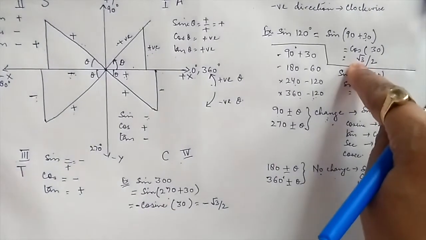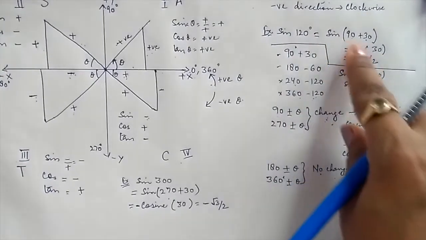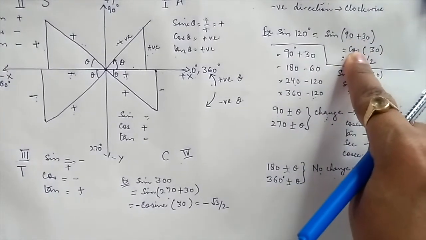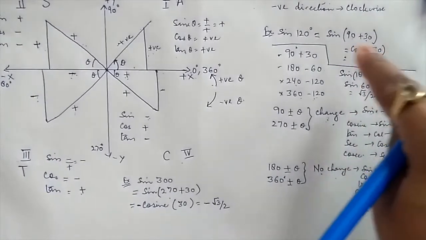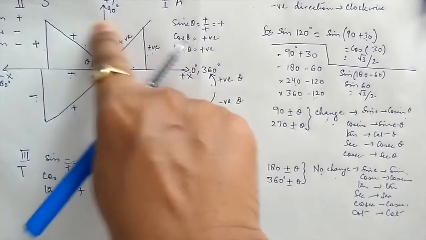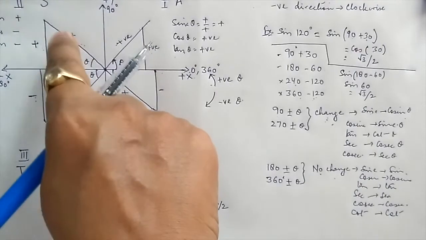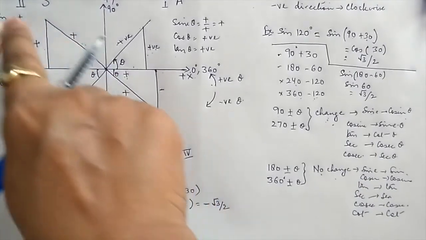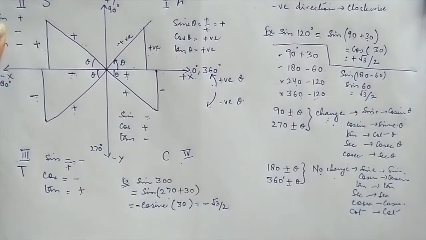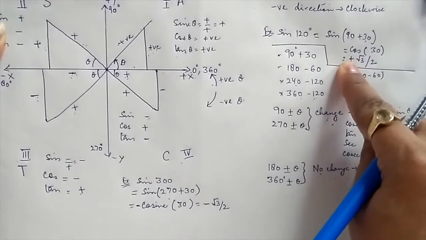Now, if I apply it here, look at this example. It was sine 120, I had taken 90 plus. Now 90 plus meant a change, so change to cos of the excess, so 30. Now 90 plus something would mean I get what? Second quadrant. And in the second quadrant, sine is what? Positive, that's the original ratio. So I had plus over here. And generally speaking, positive signs are not written, so therefore I also did not write.